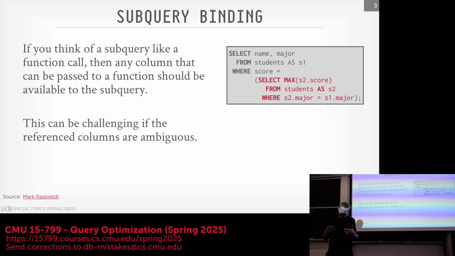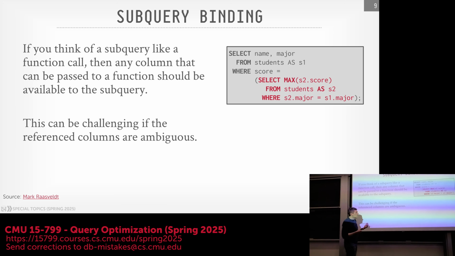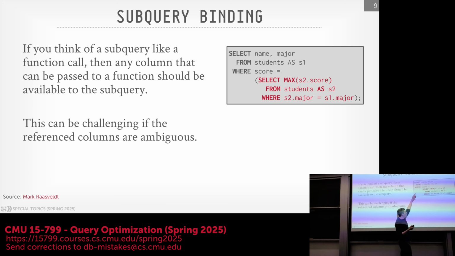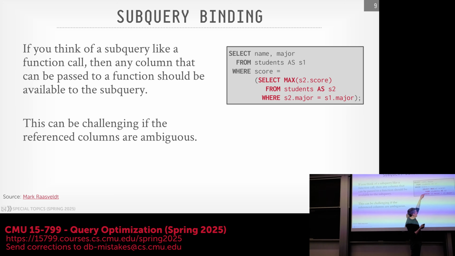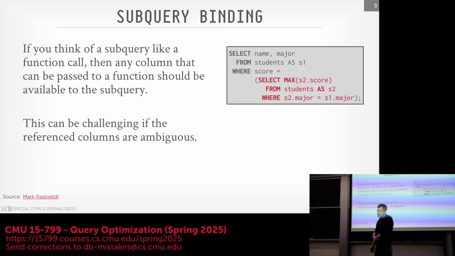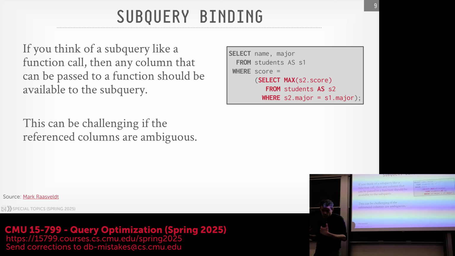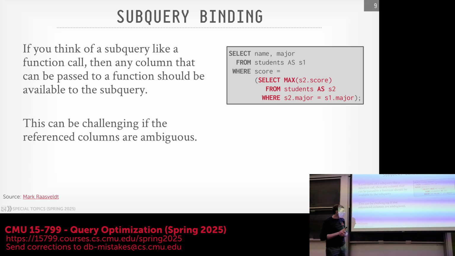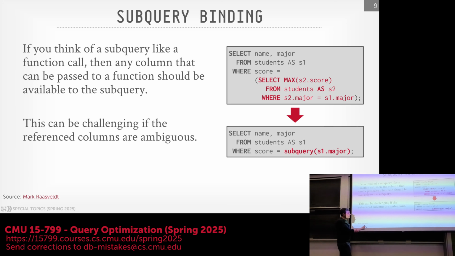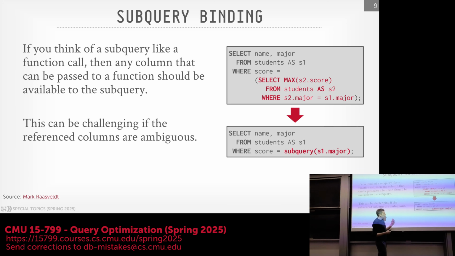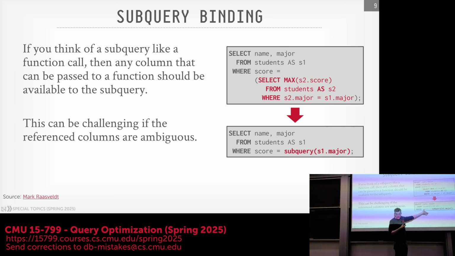And so for basic things, it can be quite easy, right? In this case, we know we're scoped inside the inner query here, students as S2. So if I see S2.major, I know where that's coming from. Likewise, S1.major, I know where that's coming from. The challenge is that when there are different interpretations of what the ordering could be, that's when it becomes problematic. The way to think about this is that the subquery is just like a function, as I said.